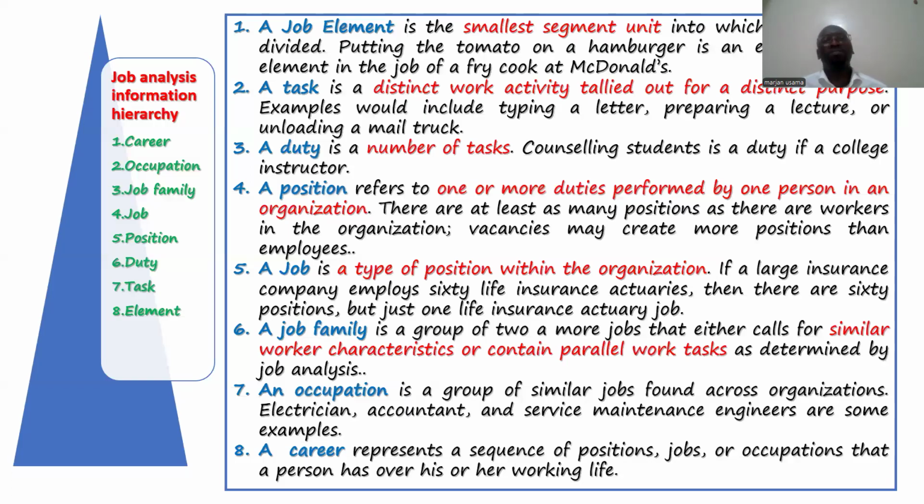Then you have a job. A job is a type of position within the organization. For example, if a large insurance company employs 60 life insurance actuaries, then there are 60 positions, but just one insurance actuary job.